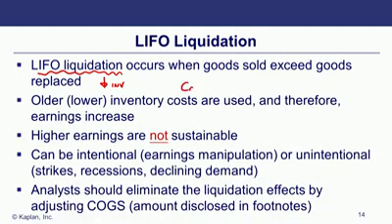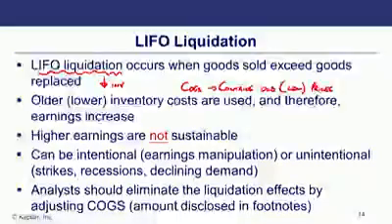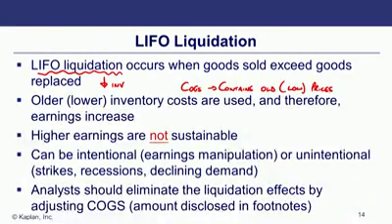So our cost of goods sold now contains very old and out-of-date prices. Old and hence low prices. So we get an artificially low cost of goods sold figure in the year in which we sell off this inventory. And of course that boosts our gross profit, it boosts our earnings.